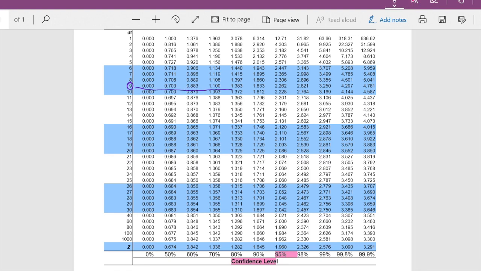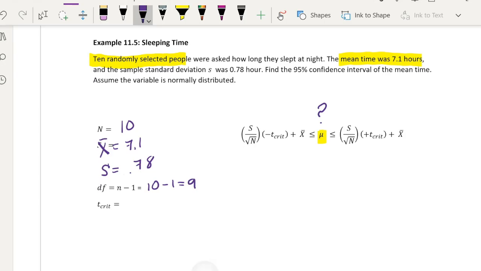So I'm going to go this way, and then I'm going to go this way. So my t critical is going to be 2.262. And remember, it's going to be negative and positive.